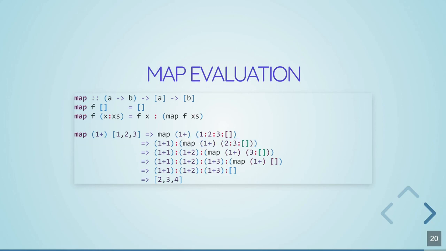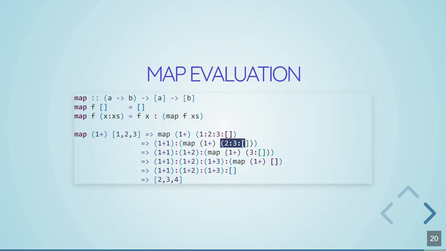Now ignore the rest of this part here, and let's just focus on evaluating this again. Now we have map (1+) on 2:3:[], pattern matching to either x:xs or the empty list.